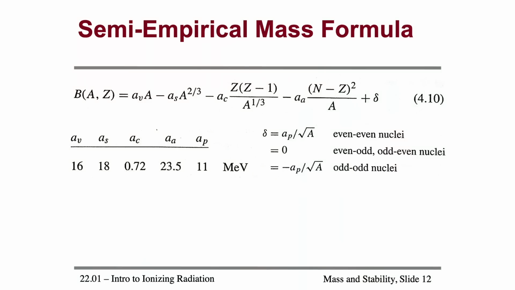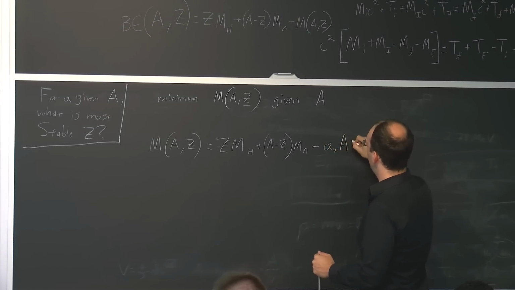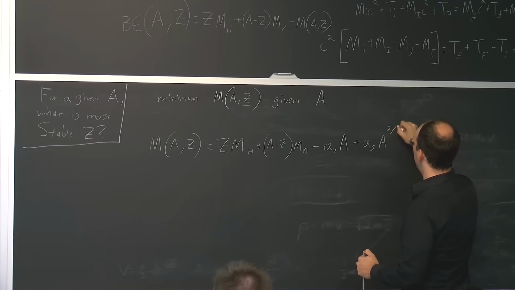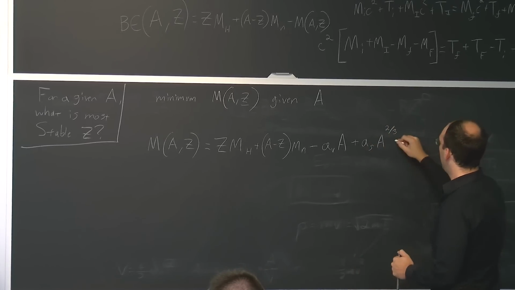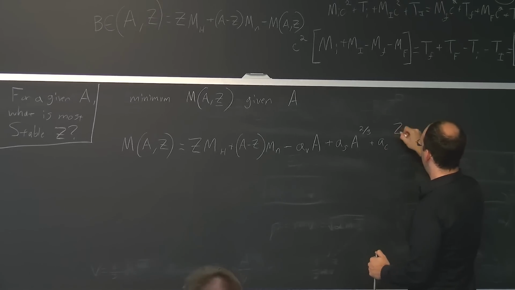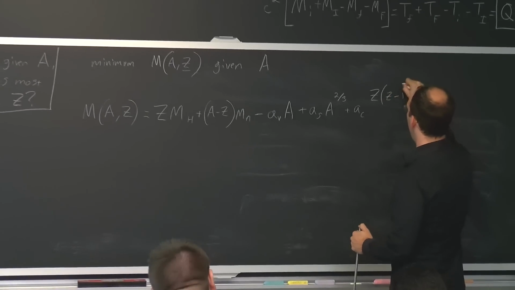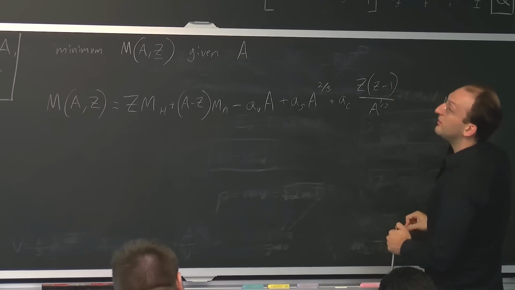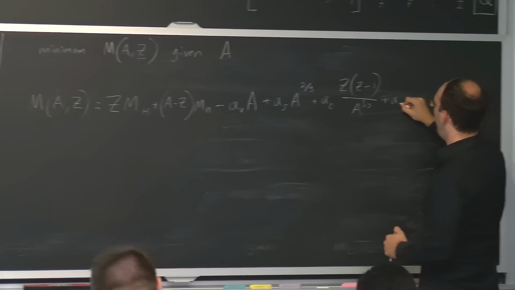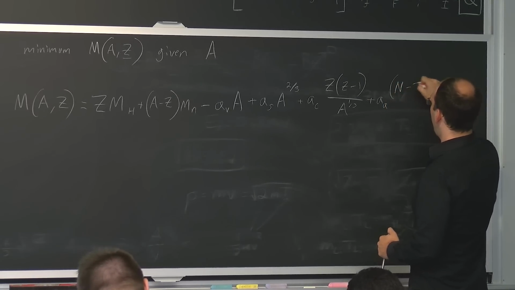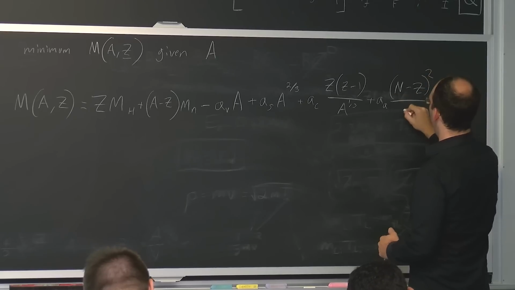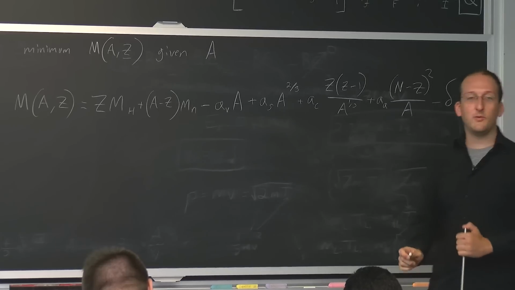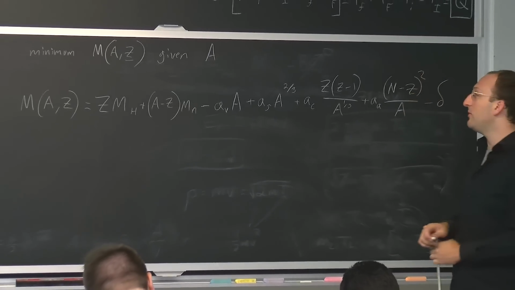So we have minus A_V A plus A_S A to the 2/3 plus A_C Z times (Z minus 1) over A to the 1/3, and plus A_asymmetry (A minus 2Z) squared over A, and minus delta. So we've got one expression for the total mass.